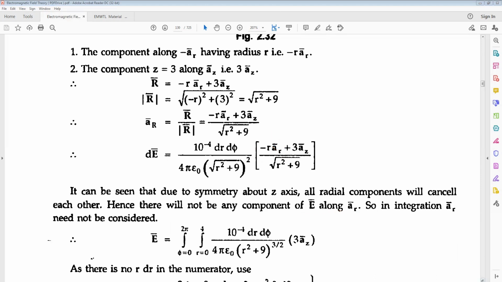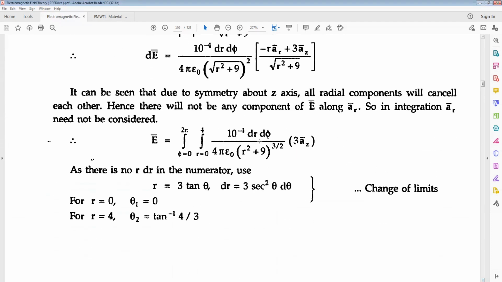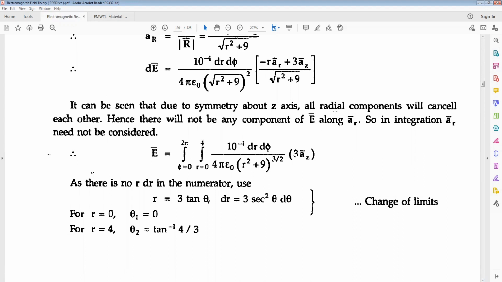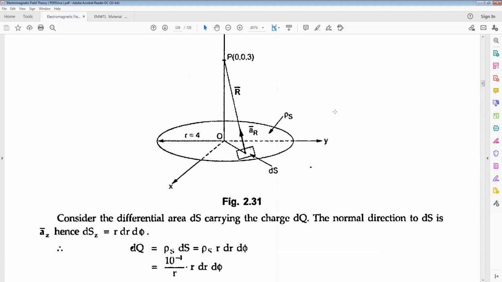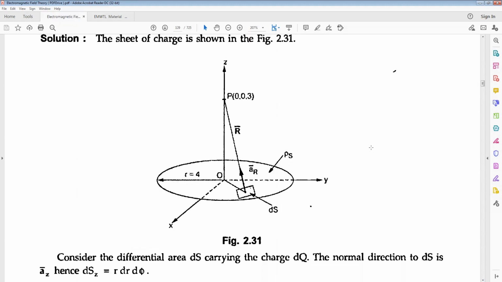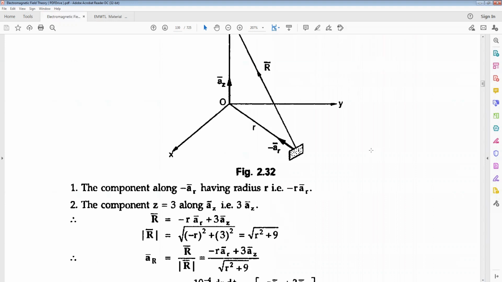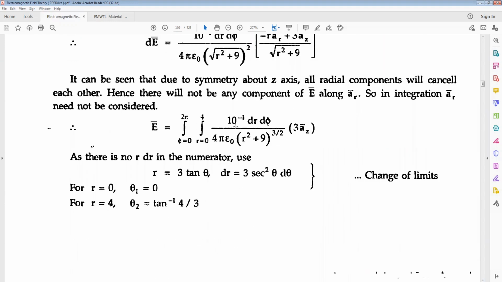Simplify the expression. For the integral of dr and d phi, r varies from 0 to 4 only, because they gave the radius of 4, and phi varies from 0 to 2 pi, 360 degrees.